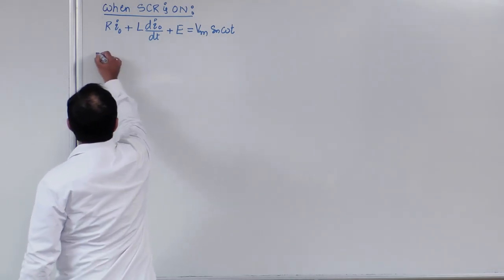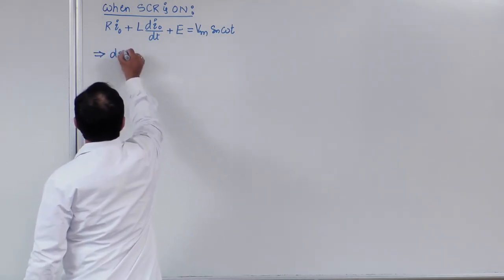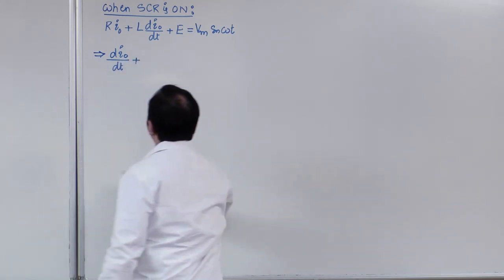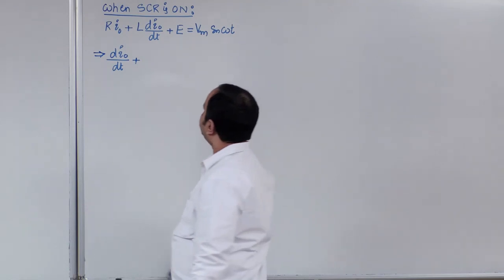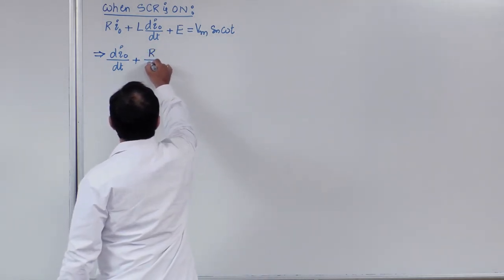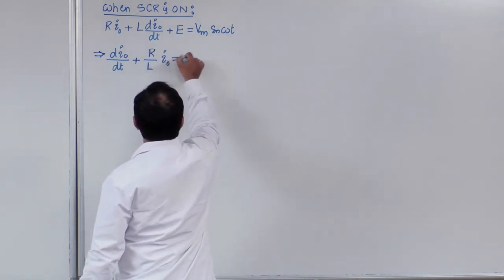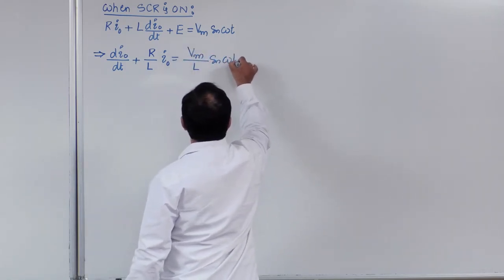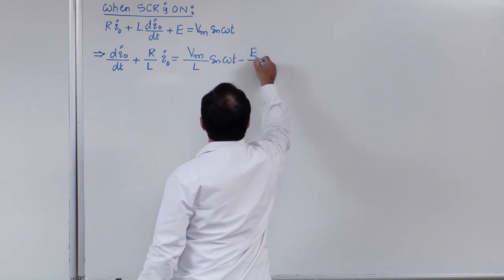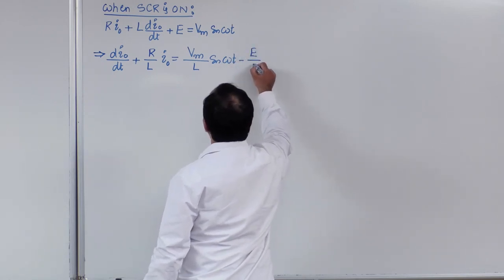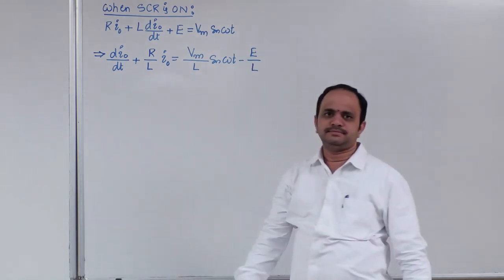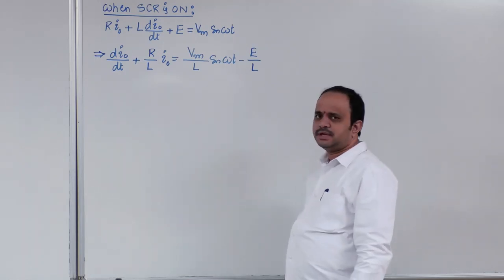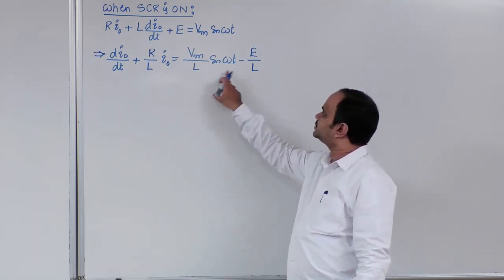Now we can rewrite this equation as d I naught by dt plus R by L into I naught is equal to Vm by L sin omega t minus E by L. Okay, minus E by L. Now observe carefully here, right hand side there are two terms.